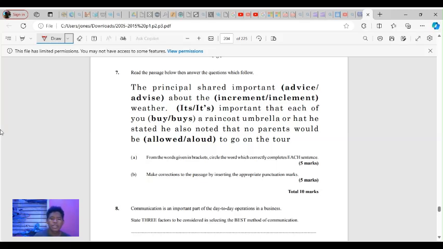So I just underline it. It says from the words given in brackets, circle the word which correctly completes each sentence. The principal shared important advice. So advice and advise have two separate meanings, but we neglect advise because it is immediately wrong. So what we'll use is advice.